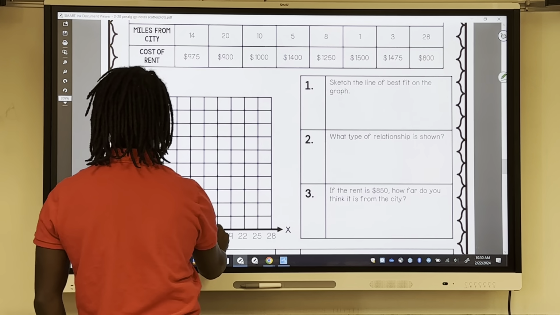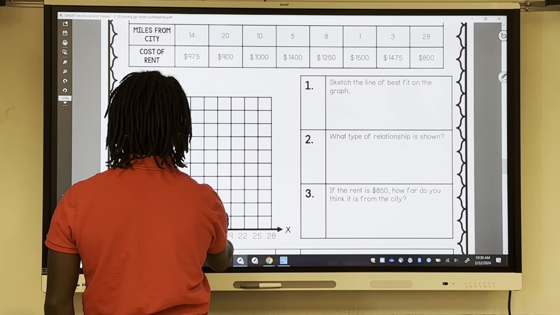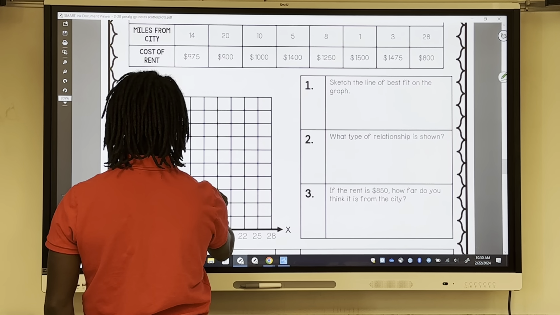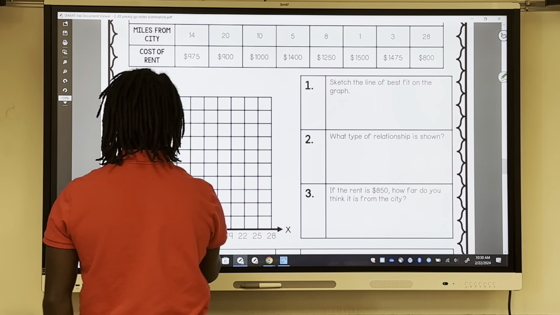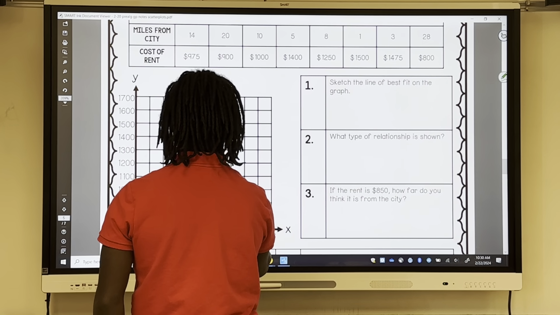So 14 is about here, then 975 is about right there. Then we got 20 is about right there, and 900.